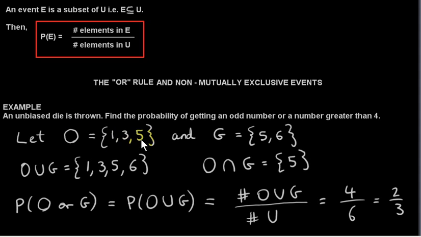Then it does not exclude the possibility that event G has occurred, because if 5 appears, then event O has occurred, but event G has also occurred. If event G occurs, so if we get a 5, event G has occurred, but event O has also occurred. So events O and G do not exclude each other.